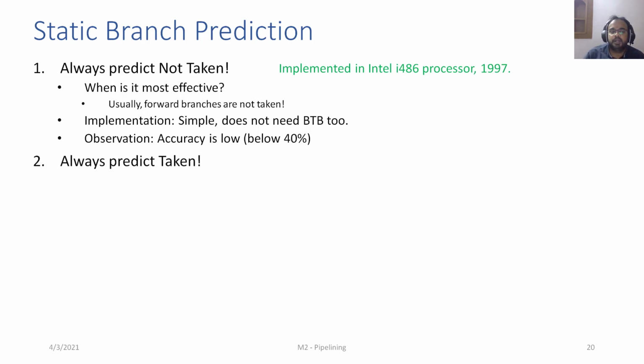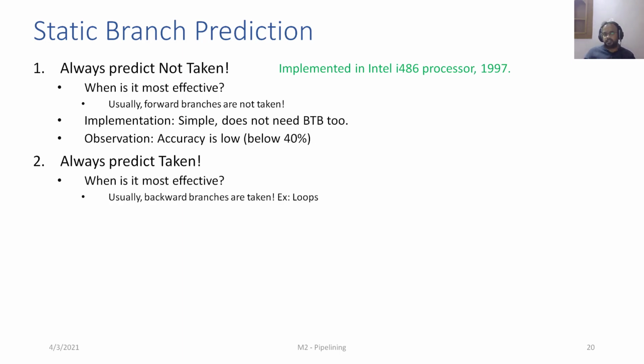And the other end of static branch prediction is I will always predict the branch will be taken. So this is exactly the opposite of the first technique, right? And when is it typically effective? For backward branches. A popular example is loops. Whenever we loop, we are going back a few instructions, right?